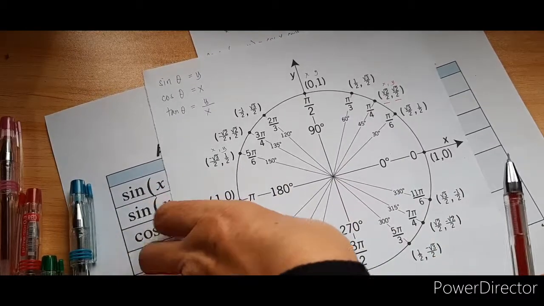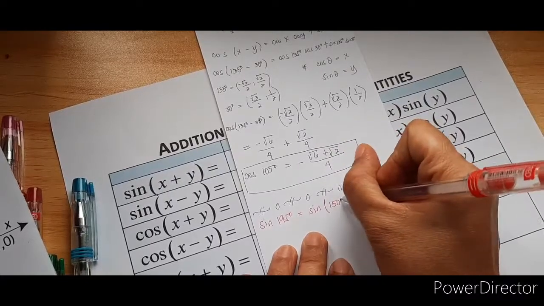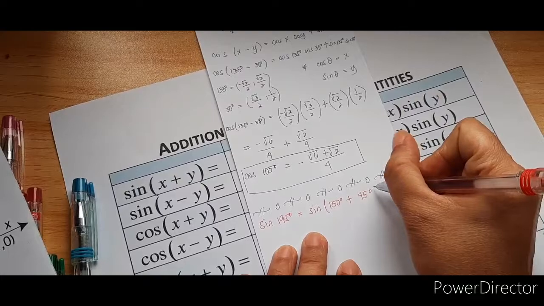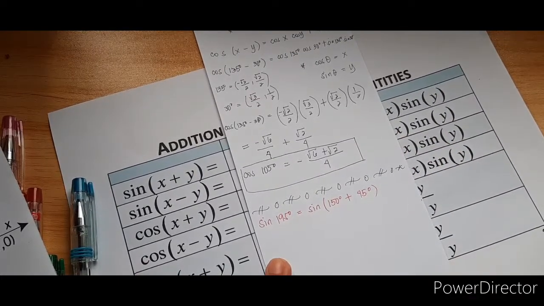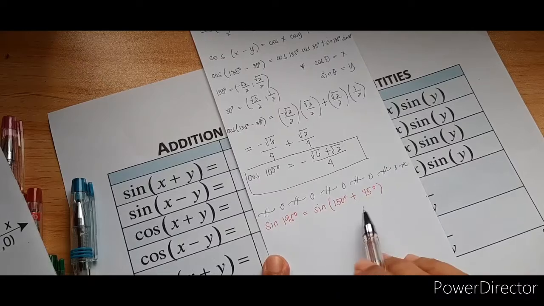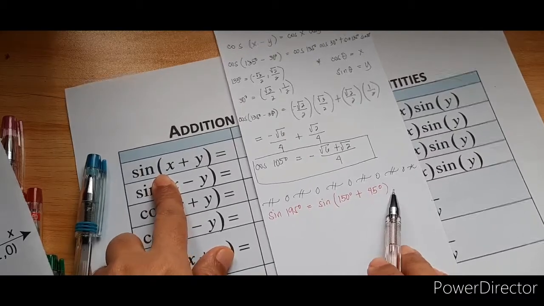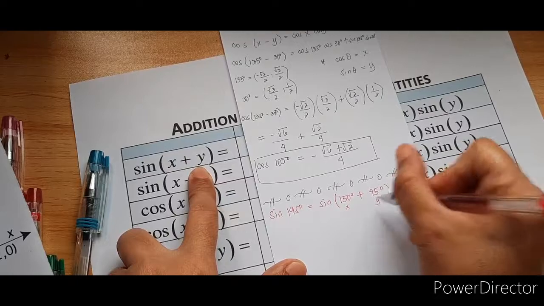So, we have 150 degrees plus 45 degrees. Ayan. Okay? So, plus tayo ngayon. Sin x plus y. So, ayun siya. Sin x plus y. So, this is our x and this is our y.